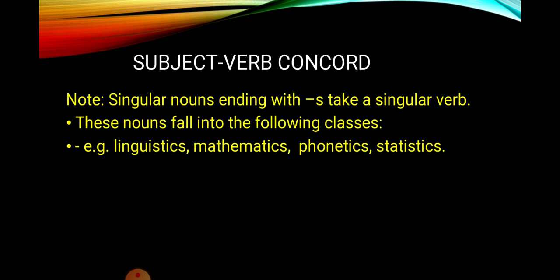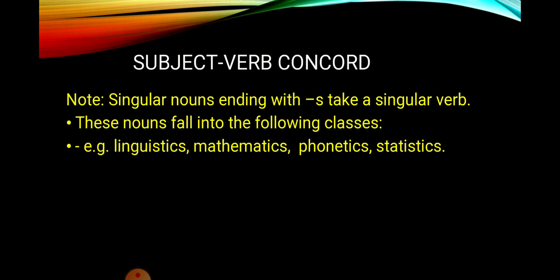An important note that we should take into consideration is that we have some singular nouns which end with s. This s is not the plural s morpheme. Rather, it is just an s that is used with these nouns.